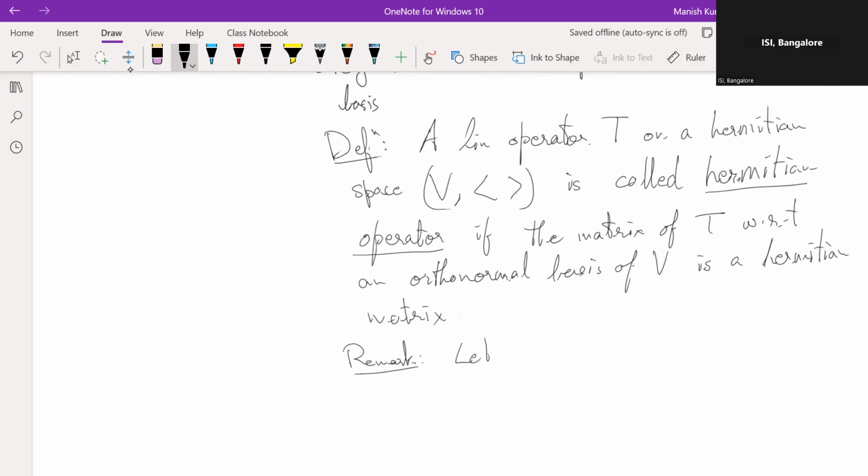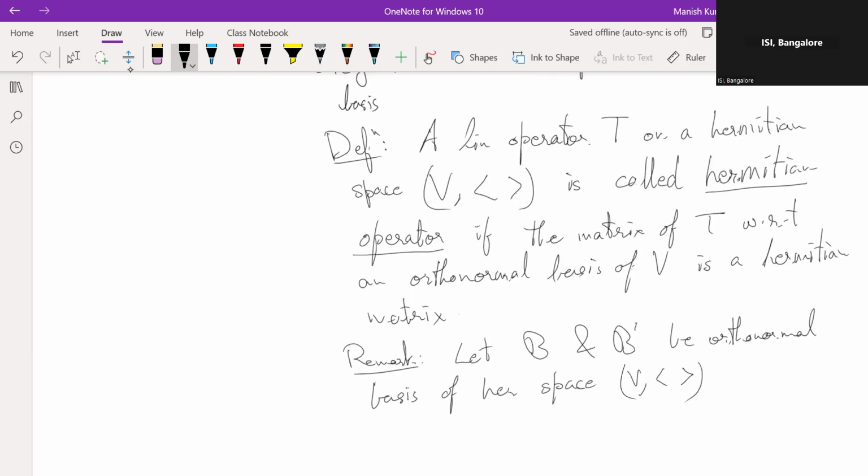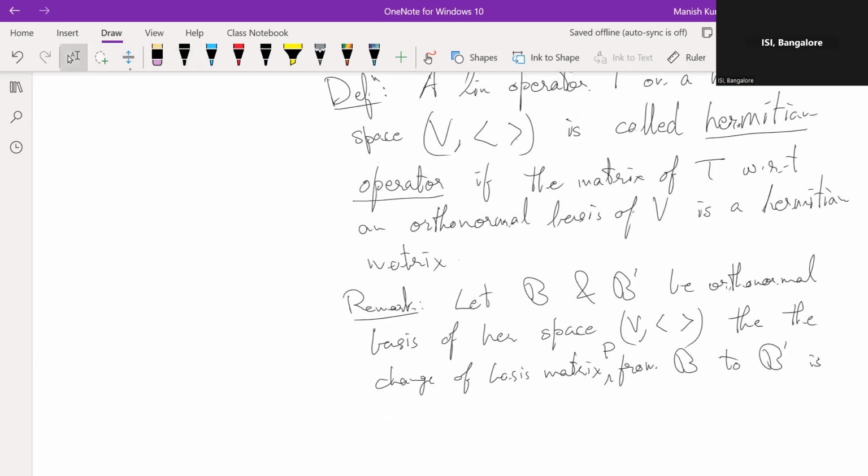Let B and B prime be orthonormal bases of the Hermitian space V. Then what do we know about the change of basis matrix P from B to B prime?